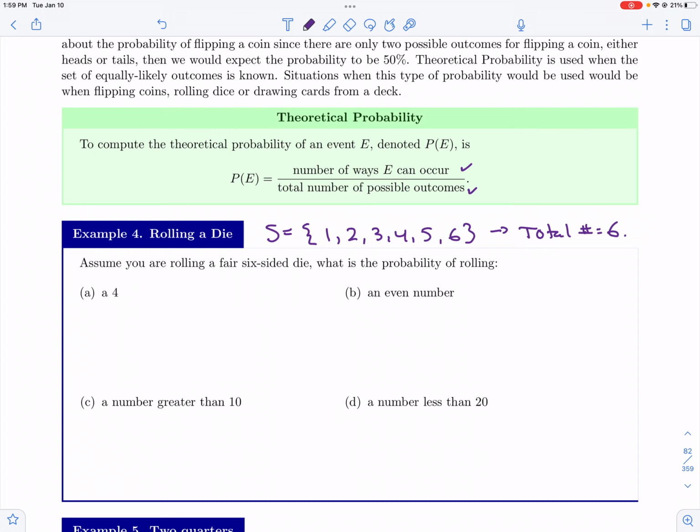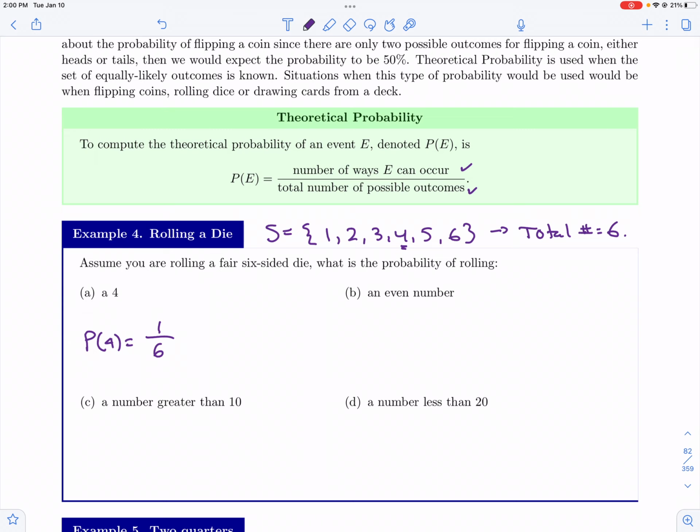And so if we look, what's the probability of rolling a 4? Since there's only one 4 in our list, there's only one way to actually roll a 4. And since there's 6 total outcomes possible, our probability of rolling a 4 is just going to be 1 over 6. If we wanted to turn these into decimals, all we'd have to do is divide 1 over 6 and then move the decimal point 2 places.